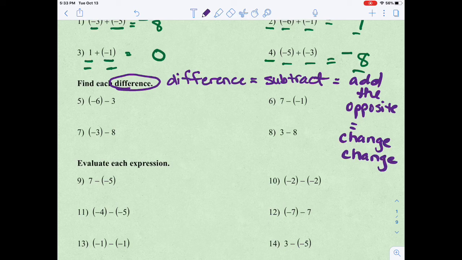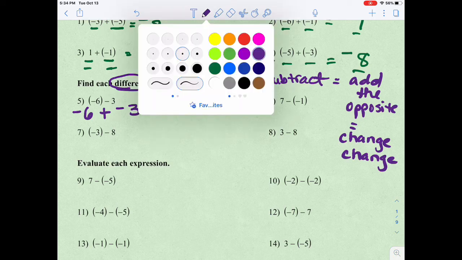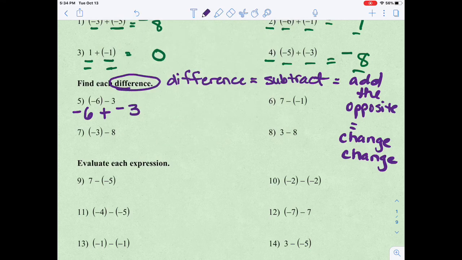So negative 6 minus 3 becomes negative 6 plus negative 3. So you can see that I leave the first number alone, change the subtraction to addition, and then also change the next number. It's really important that you do 2 changes or you'll get it wrong.